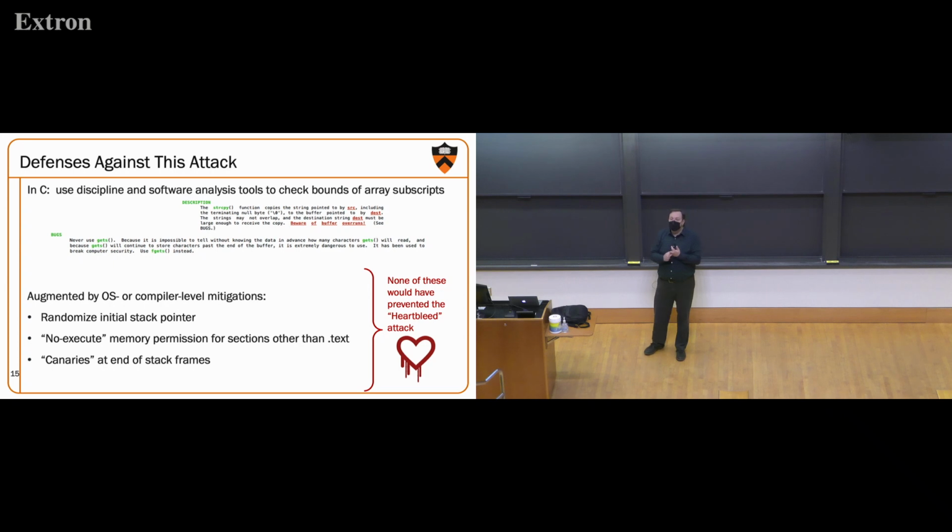That one attack, before it was fixed. So imperfect mitigations, but still better than nothing. But the punchline is you as a programmer have to be very, very conscious of what your code is doing. You have to be very conscious of potential security vulnerabilities in that code.